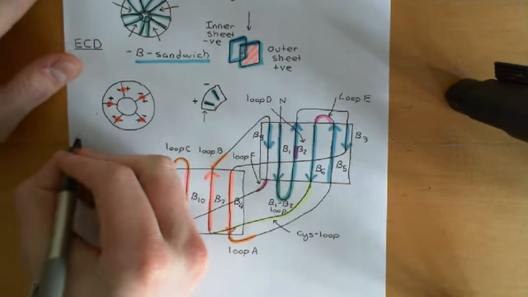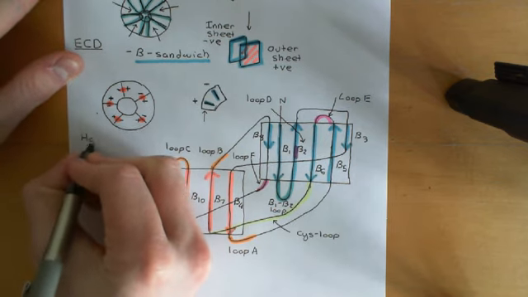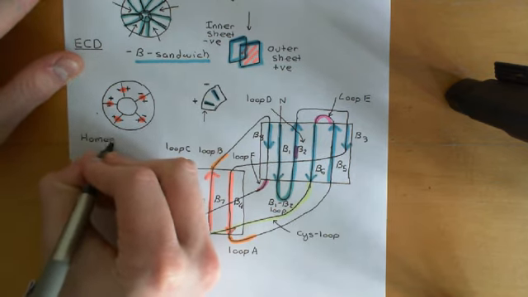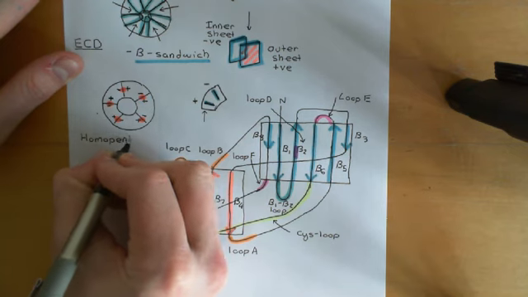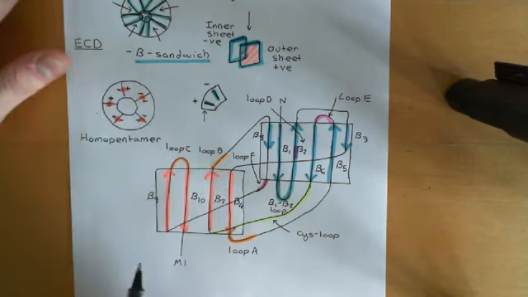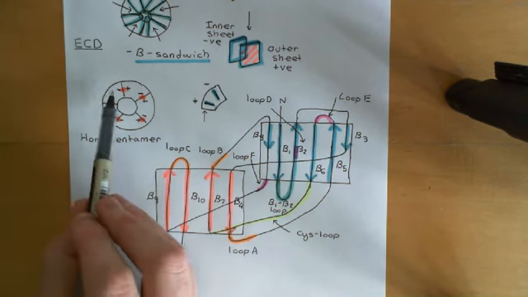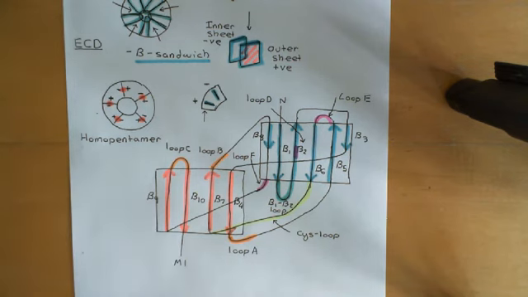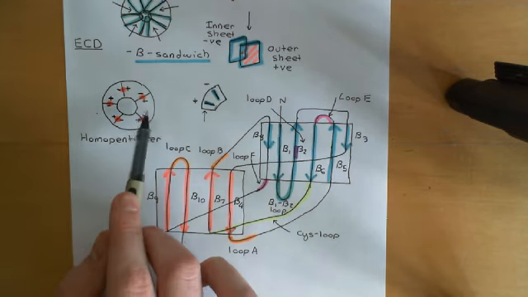So we now have some important terminology to come up with. What is meant by a homopentamer? A homopentameric Cys-Loop ligand-gated ion channel is one where the subunits that you use to build your pentamer are all identical.